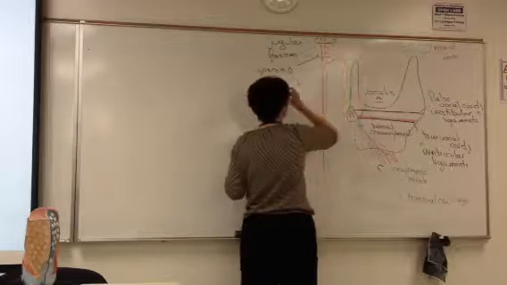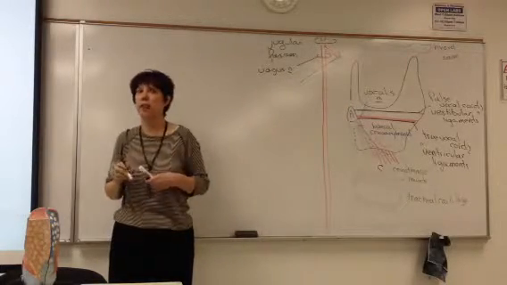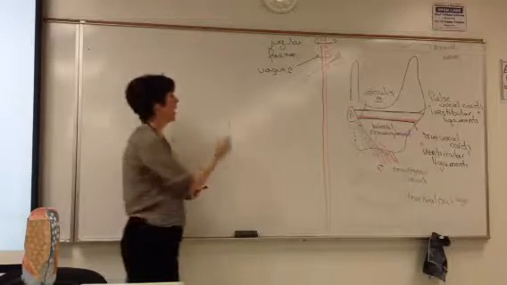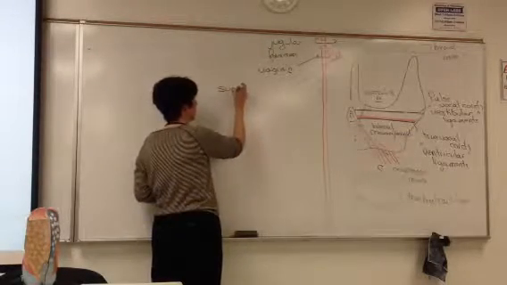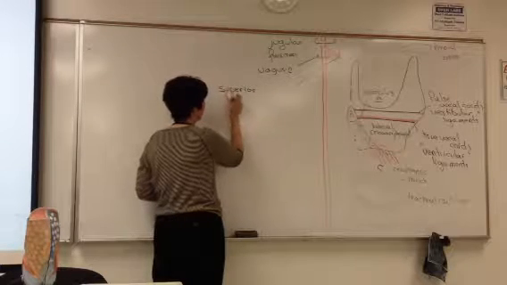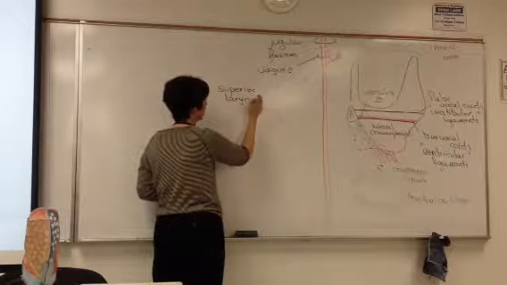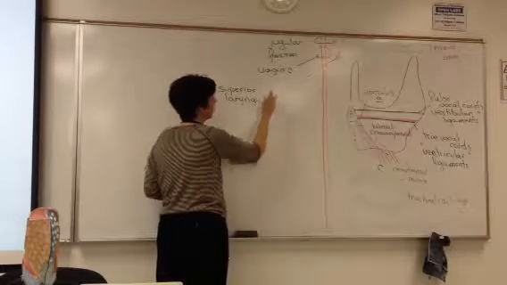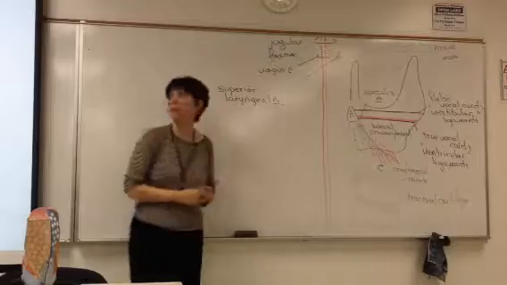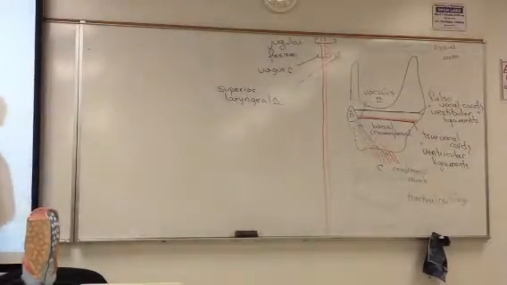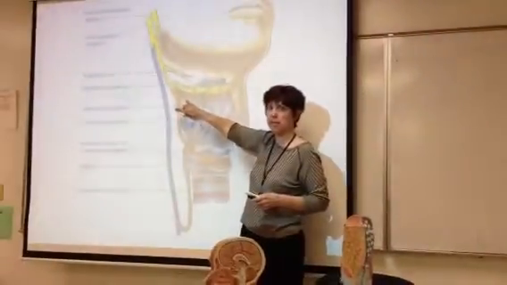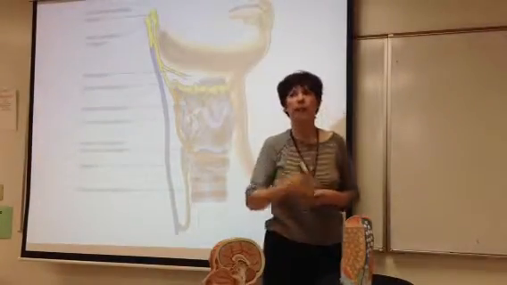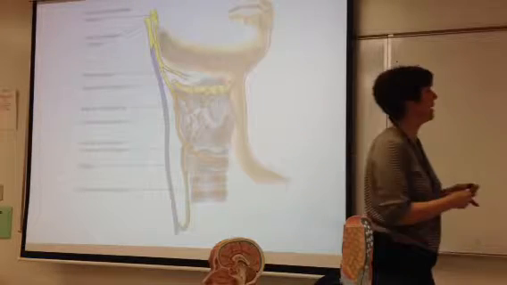Now, to be completely accurate, I suppose you could call it the superior laryngeal nerve branch of the vagus nerve, but I'm happy with just superior laryngeal nerve. And that has two components. So it will divide, and it will send a branch that pierces the ligament between the hyoid bone and the thyroid cartilage. So that's called the thyrohyoid ligament.